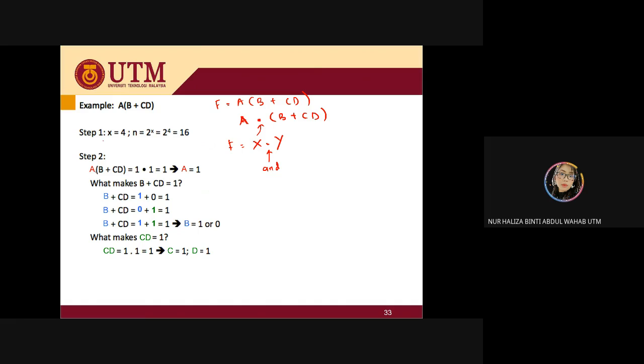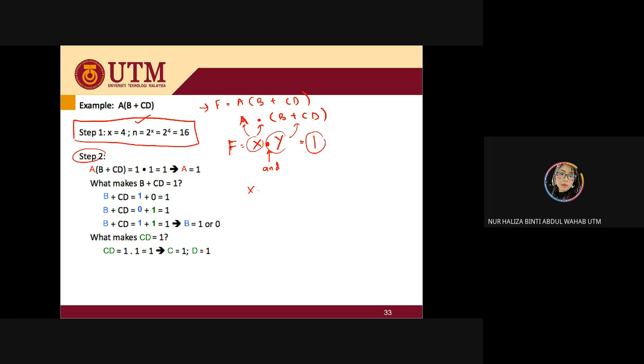Okay, first thing you need to know is step 1. This step 1 we know already. It's easy for us. But this is our step 2. From this you can see there is a dot, which is X refer to A, Y refer to B plus CD. For step 2, it asks you to get F equal to 1. How to get 1?